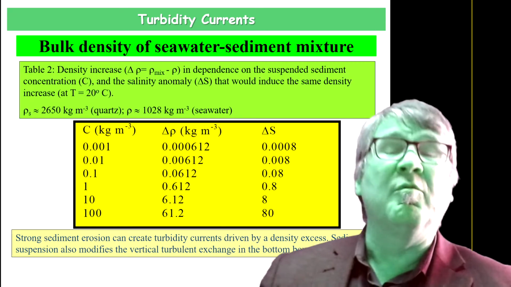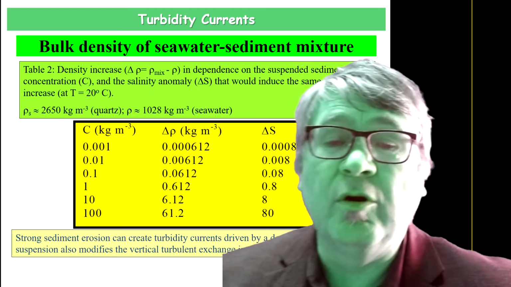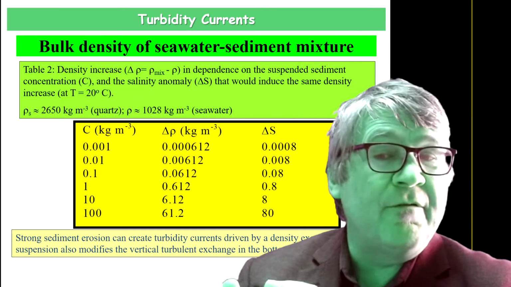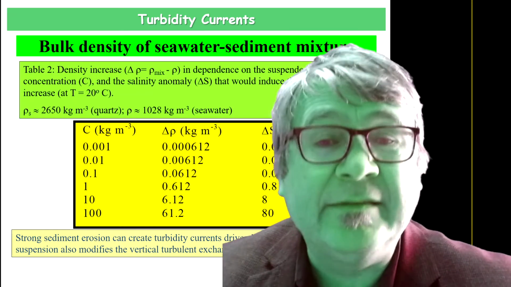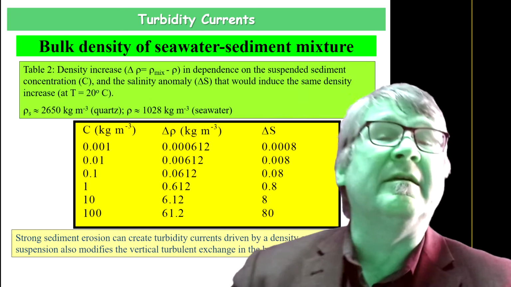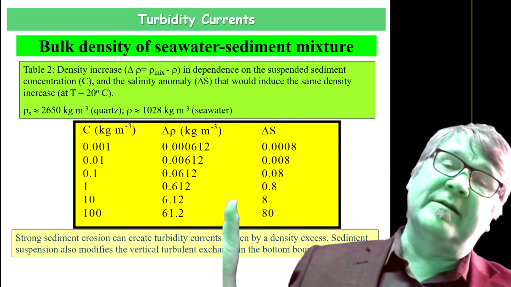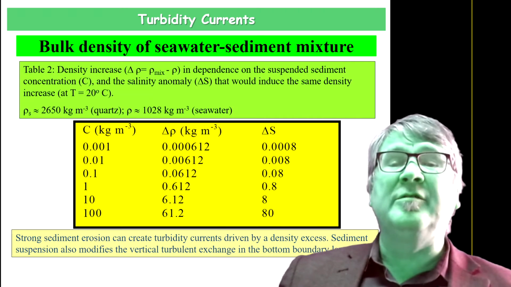So once you have more than 100 grams per cubic meter, you can have an effect. Okay? So only if you have a big addition of suspended sediment, like you have after a big storm event, then you can have a turbidity current.